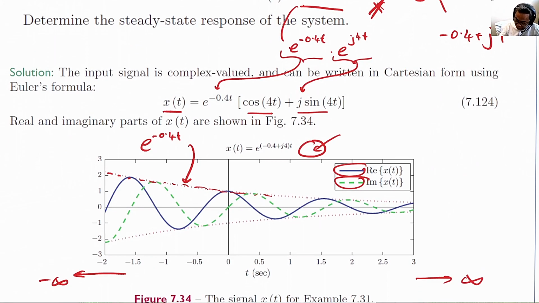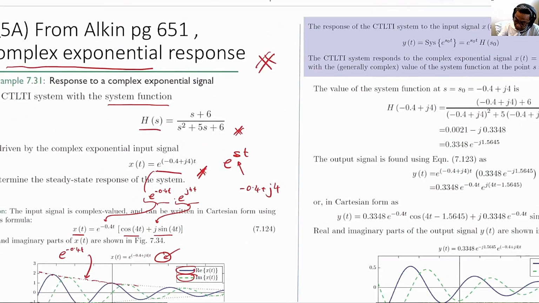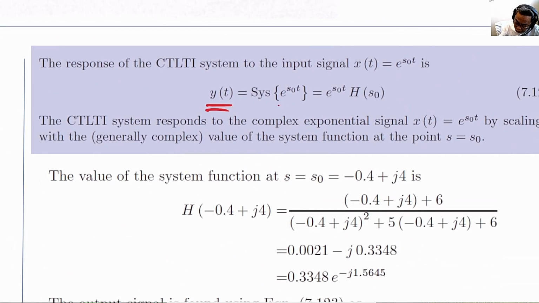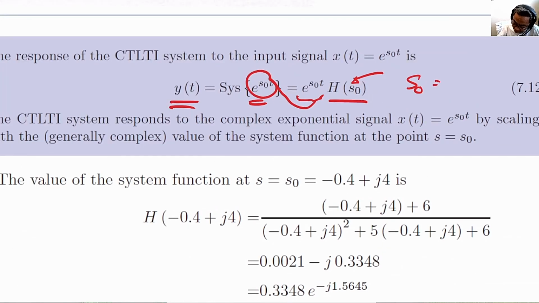And in this case, the theory tells us that the output to an everlasting complex exponential is the complex exponential, which is this value here, multiplied by the transfer function evaluated at s0, where s0 in this case is the s0 in the expression over here, which is -0.4 + j4.